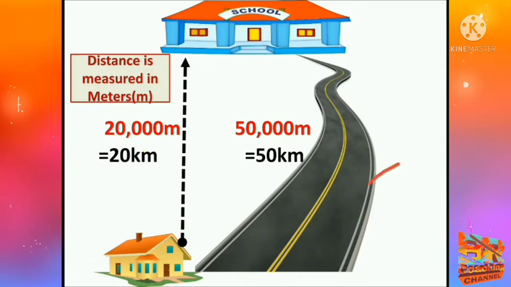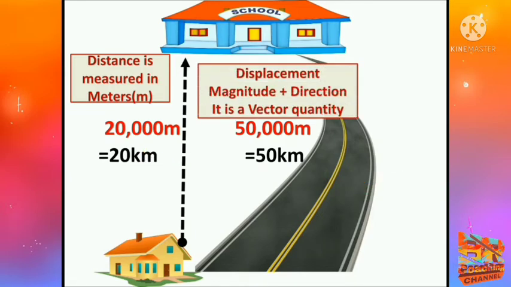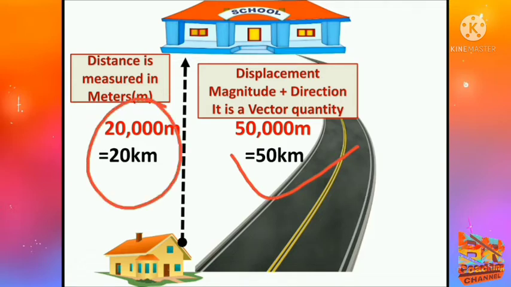Simply, what is displacement, my dear children? The shortest distance traveled or traversed is nothing but displacement. So displacement has a magnitude and a direction. That is why displacement is a vector quantity. Okay now, what about distance?